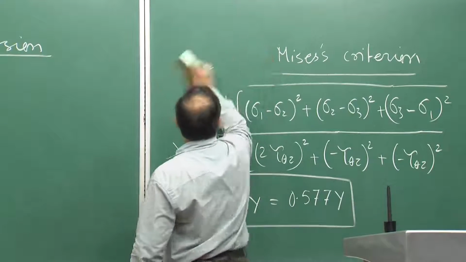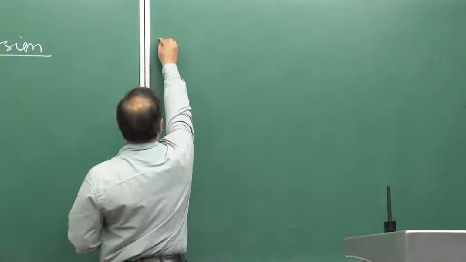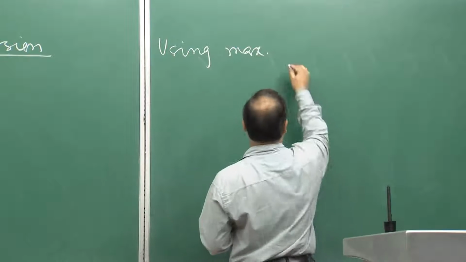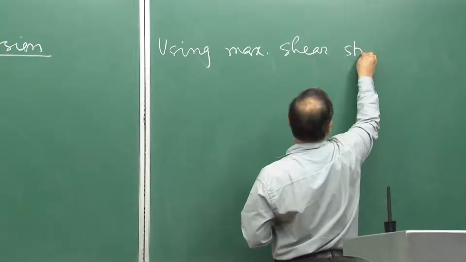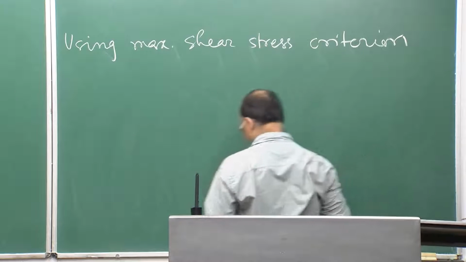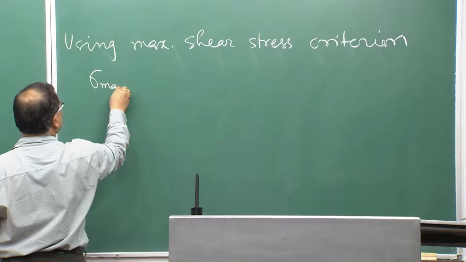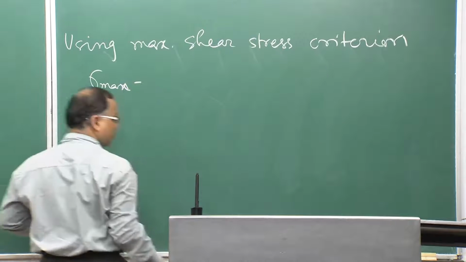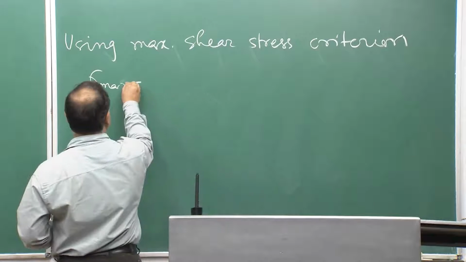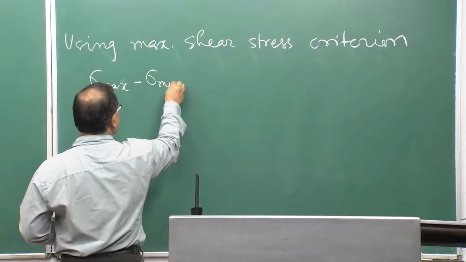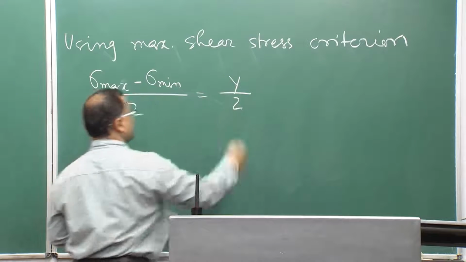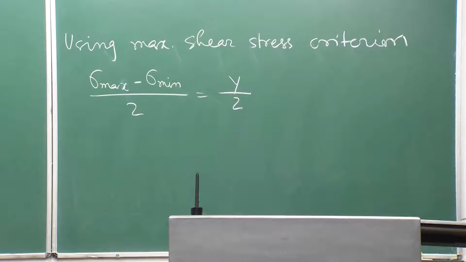As per maximum shear stress criterion, that is your Tresca criterion, sigma max minus sigma min by 2 is equal to Y by 2. That was your maximum shear stress or the Tresca criterion.